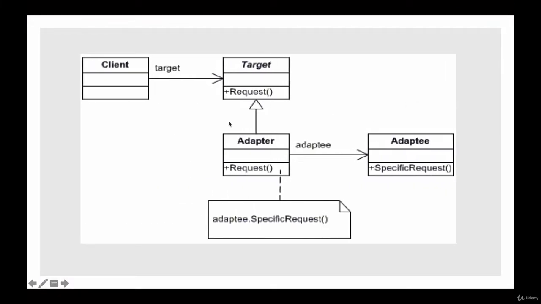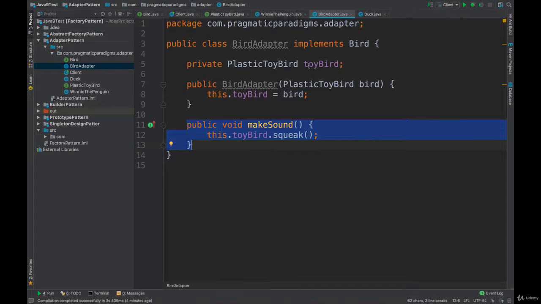So that's what we did. Now the second point says we need to have a reference to an adaptee. In this case, our adaptee is toy bird. Our toy bird is adapting to our bird interface. So we have a reference to our adaptee, and to instantiate this adaptee, I am taking a reference in the constructor and setting it here.